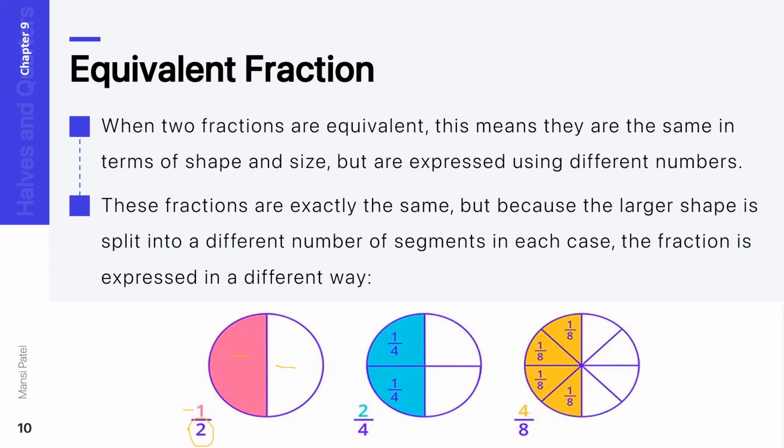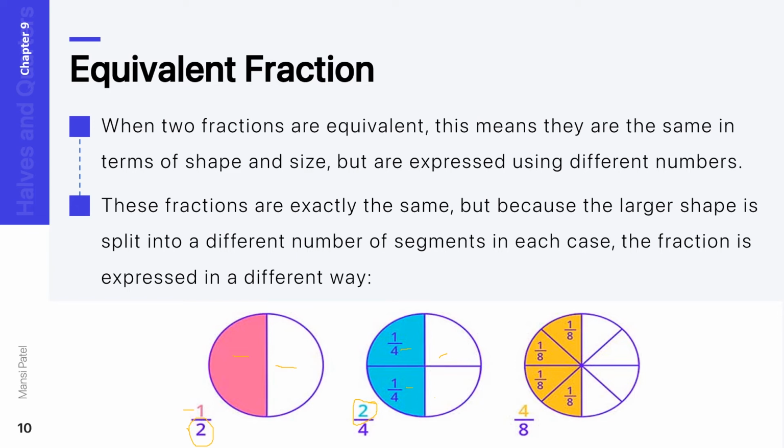That is 1 upon 2. Now see the second figure, the same circle, the same size. They divide it into how many equal parts? 4 equal parts. 1, 2, 3 and 4. Out of these 4 total equal parts, they shade 2 parts.